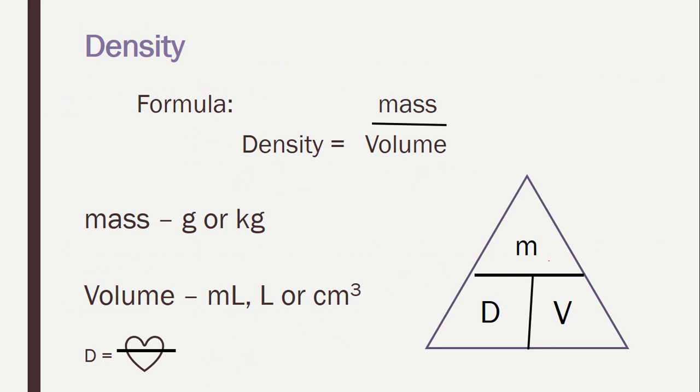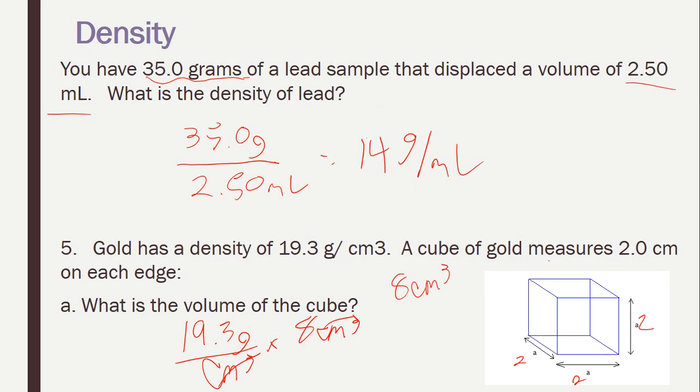So we're going to take the density and multiply it by the volume. And the volume's 8. So 8 times 3 is 24, carry the 2. 8 times 9 is 72, which is 74. Carry 7. 8 plus 7 is 15. And then we move the decimal over. So it should be 154.4 grams, which needs to be, since this was 2 significant figures and that's 4, we want it down to 2. So that would be 150 grams, significant figure wise.